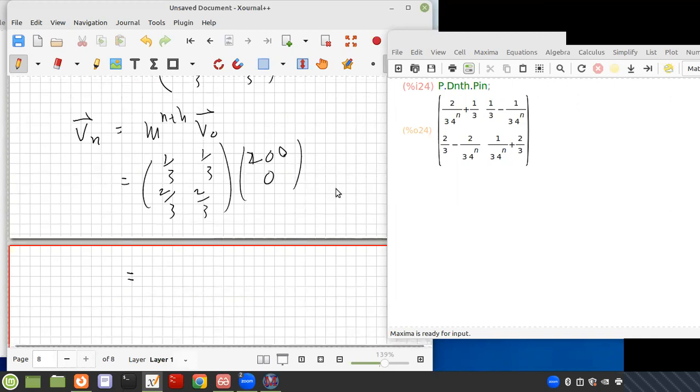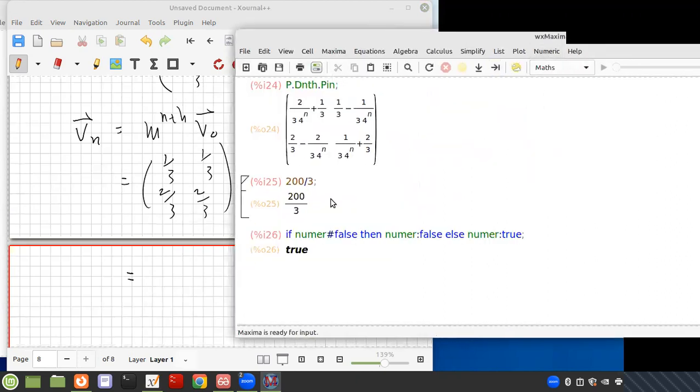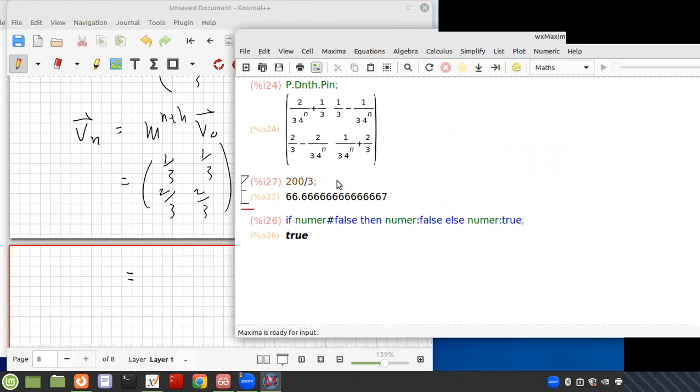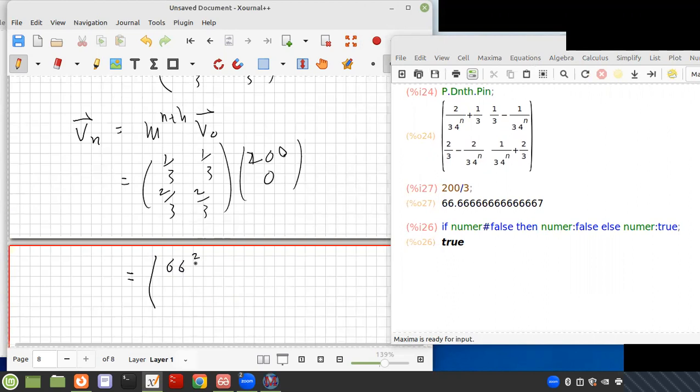It's going to be 200 divided by 3. So we have to toggle numeric output, do this again, and that's pretty clear. It's going to be 66 and 2/3.